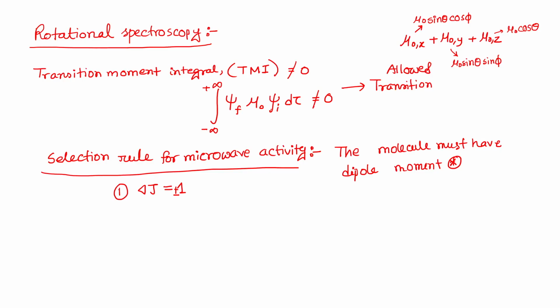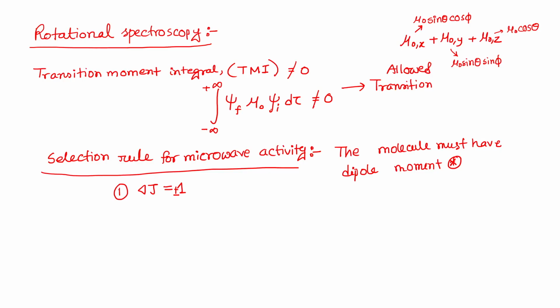The foremost condition is that the molecule should have some dipole moment. Then comes delta M, and then comes delta J. So there are almost three selection rules, or conditions, and they came from the recursion relations.